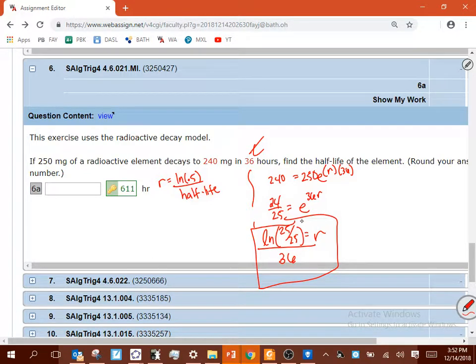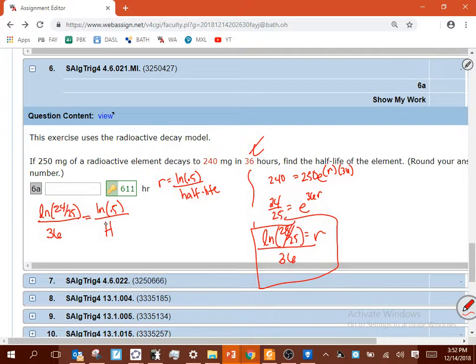R is ln of 24 over 25, sorry, 24 over 25, divided by 36, is now equal to R, which is equal to ln of a half divided by my half-life.